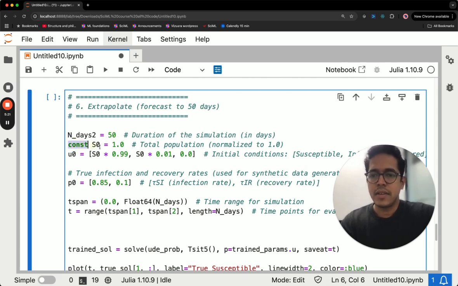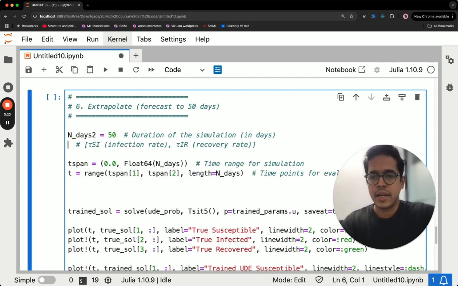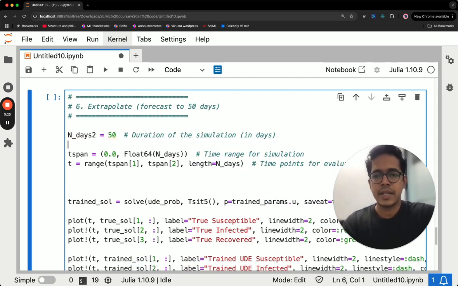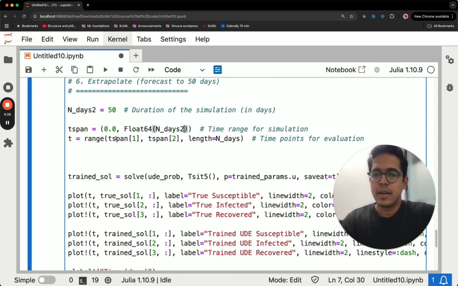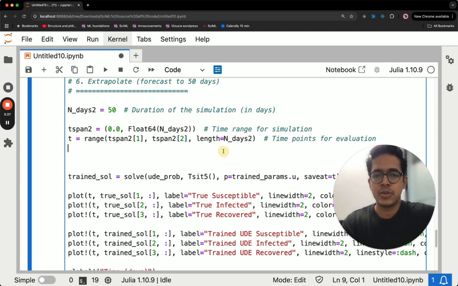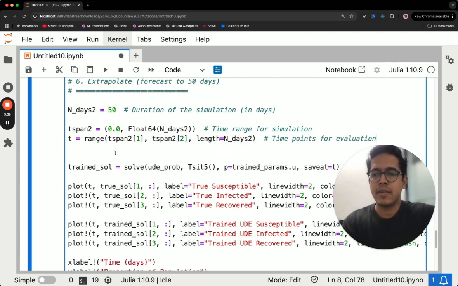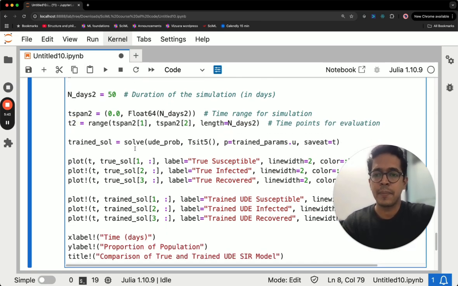Then constants will remain the same. So I don't need this actually. I can delete this because they are not going to change. Time span will be from this to n days 2. Then t equal to, and this I can call t span 2, and length equal to number of days 2. So now the time span, this variable, let's say t2, is from 0 to 50.